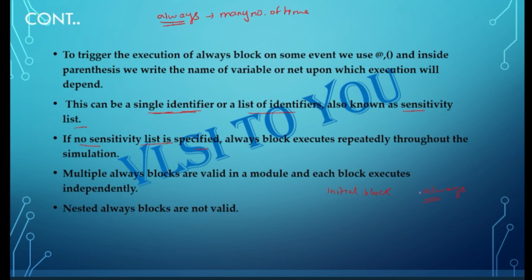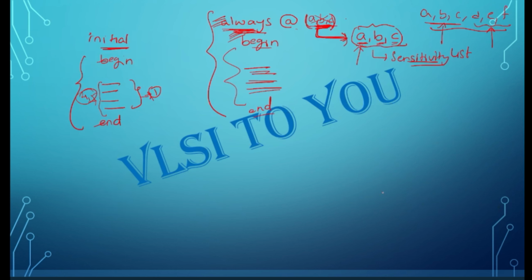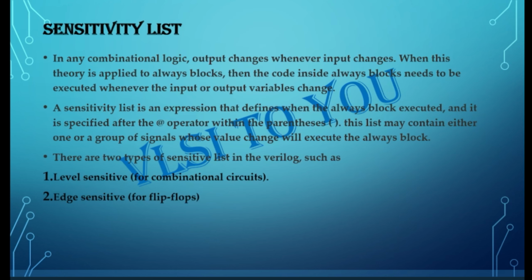But you shouldn't have a nested always block, that means you shouldn't write always within always. Nested always is prohibited in Verilog, just like nested initial is prohibited. So this is about the always block.